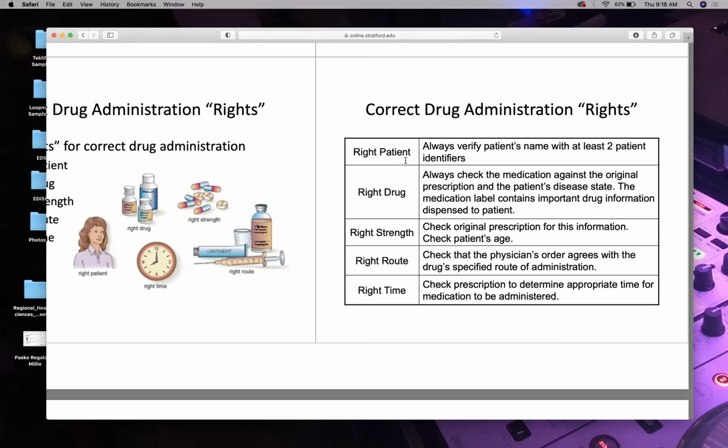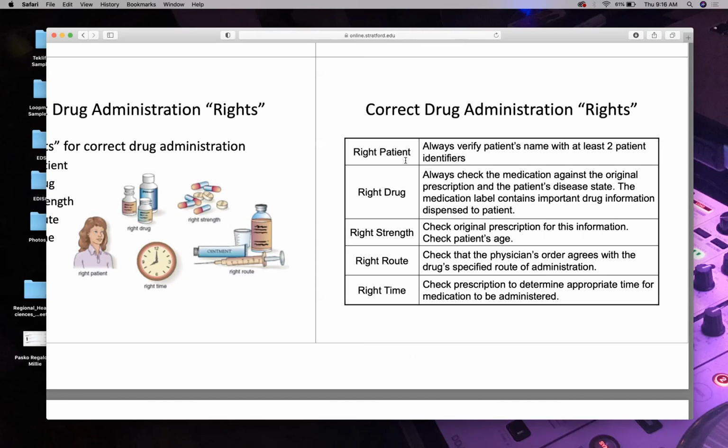The right drug. Always check the medication against the original prescription and the original patient's disease, okay? So if the patient's receiving cardiac medications and there's no cardiac diagnosis, ask the doctor what's going on, because the chart is incomplete.